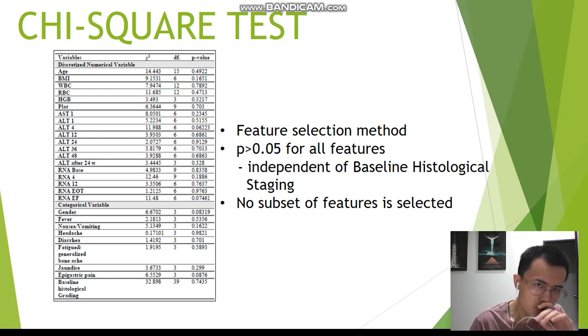However, based on the chi-square test outcome, the p-value for all the variables is larger than 0.05. In other words, it means that all the variables are independent of the baseline histological staging. So therefore, no subset of features is selected in this process.